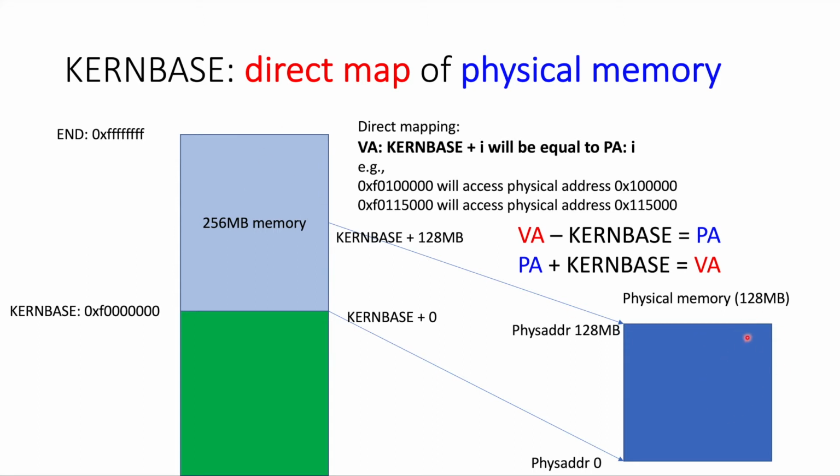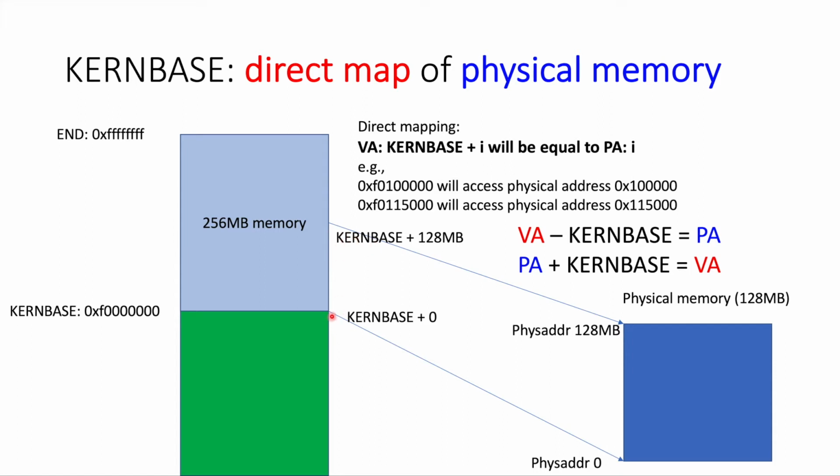We have by default 128 megabytes of memory, starting from 0 to 128 megabytes. To enable access, what we are doing is starting from KERNBASE to the end of the space. It's actually 256, but we will just use 128 megabytes because our physical memory size is 128.